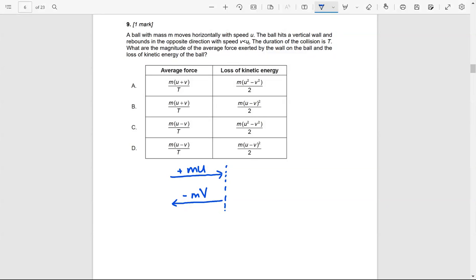The reason it says it's less than u is that it means it's lost some kinetic energy. The duration of the collision is time t. What is the magnitude of the force? So force is change in momentum over time. And it's also asking for the loss of kinetic energy, so the change in kinetic energy, which is kinetic energy final minus kinetic energy initial.